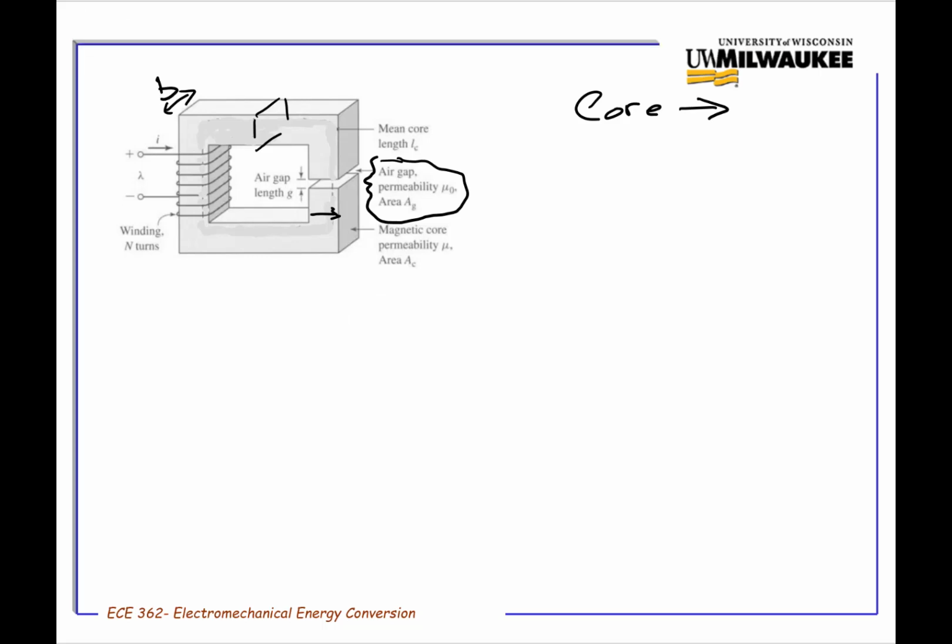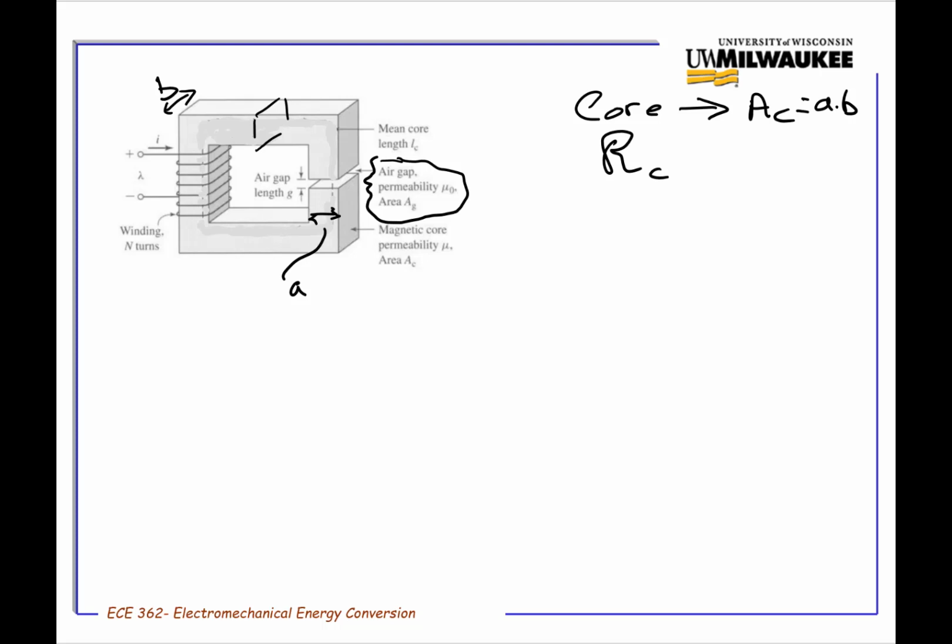B, and this is dimension A. That's the area of the core. A times B. Everywhere along that core, I've got the same dimension.